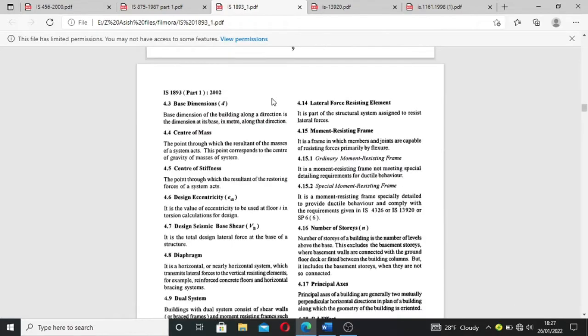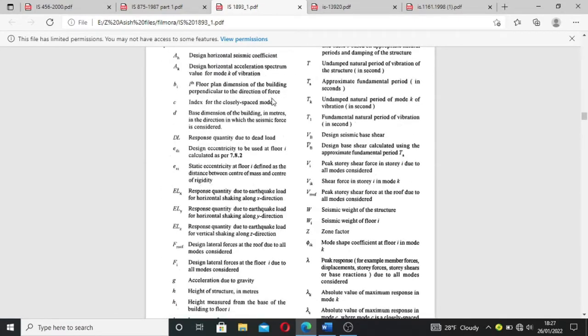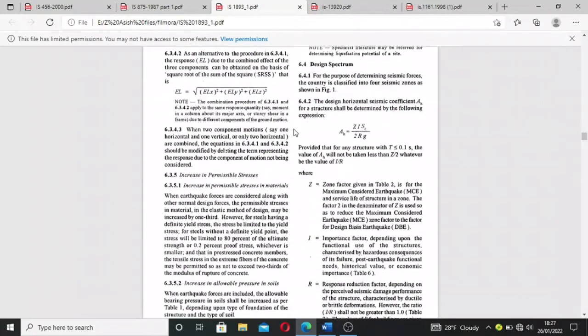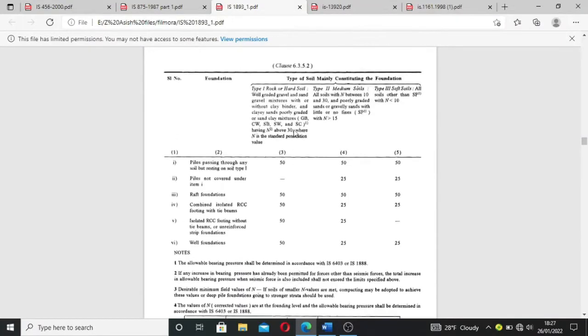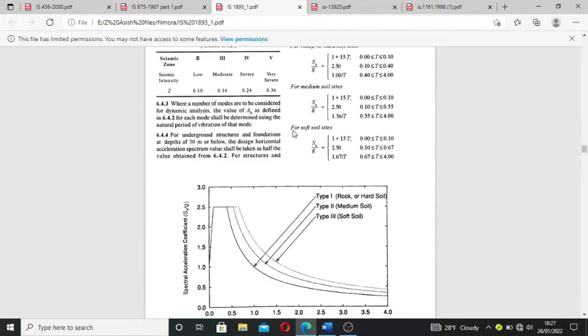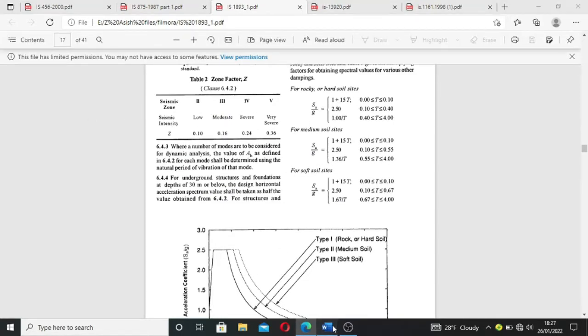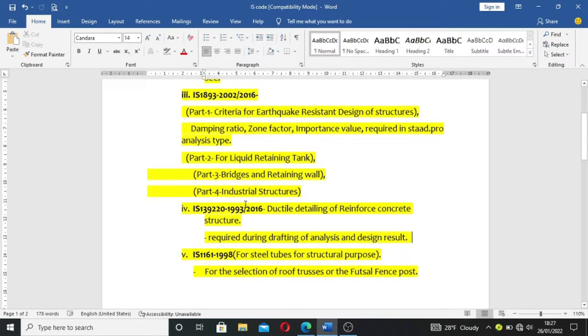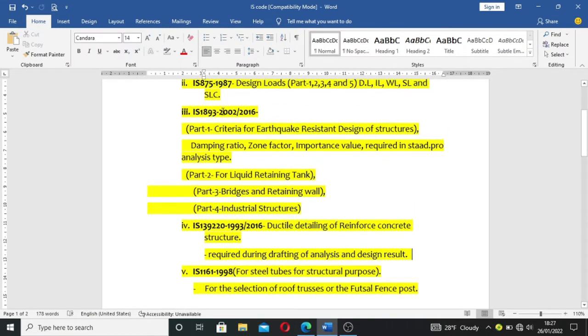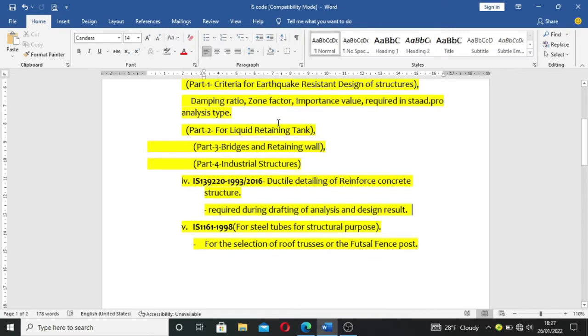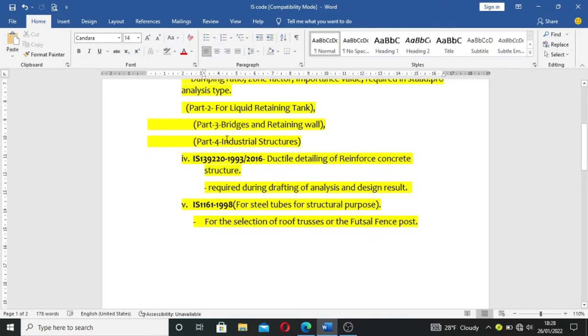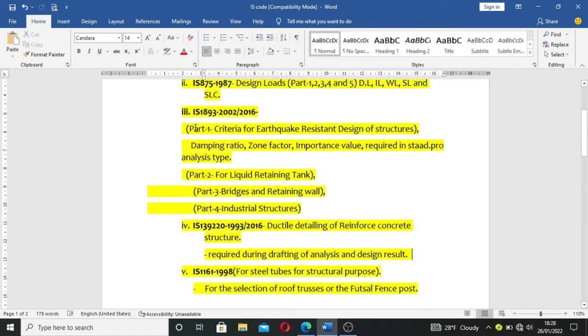For that you need to know IS 1893; the values of importance factor and damping ratio you will get from here. Also, for your information, there is a revised one, 1893 2016. You can refer to that also. For the basics you must be thorough with part 1.